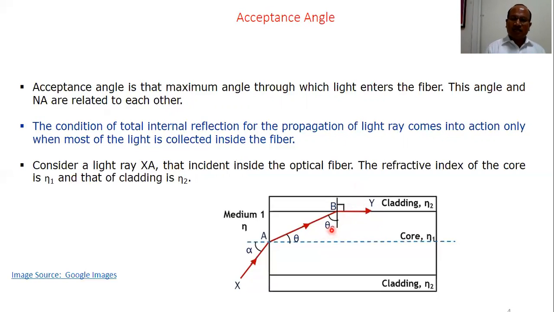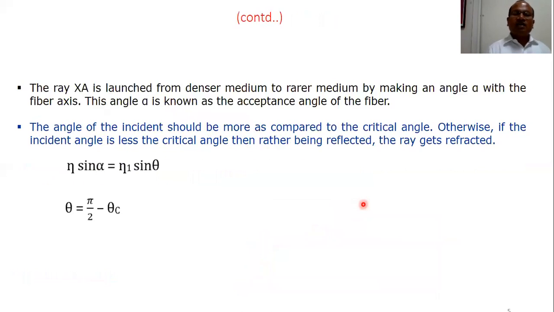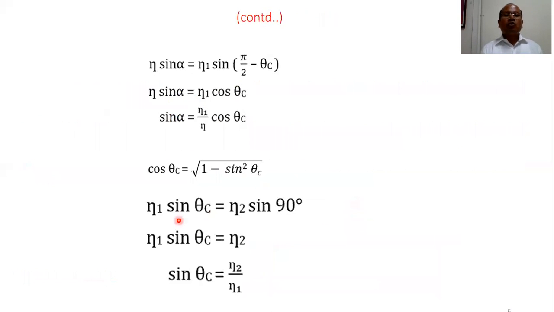n1 sine theta c is equal to n2 sine 90 degrees, because at critical angle, the angle of refraction, that is theta 2 here in case of cladding, is 90 degrees, and sine 90 is equal to 1. Therefore n1 sine theta c is equal to n2.